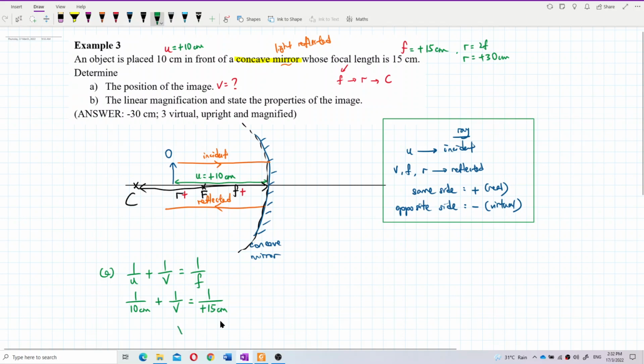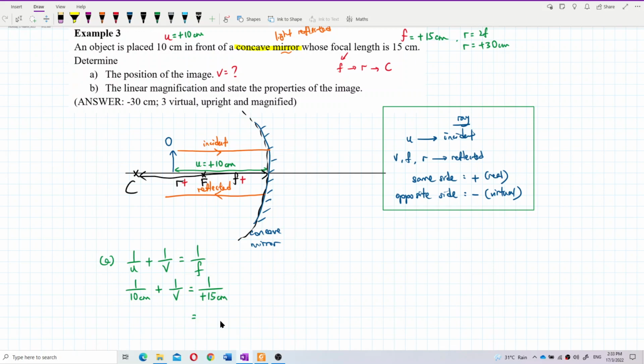Now let's calculate V. 1 over V equals 1 over 15 minus 1 over 10. Remember, you need to take the reciprocal, because the answer you get is just 1 over V, negative 1 over 30.